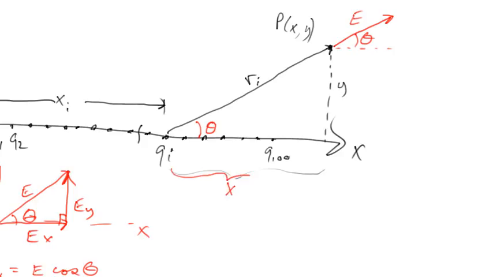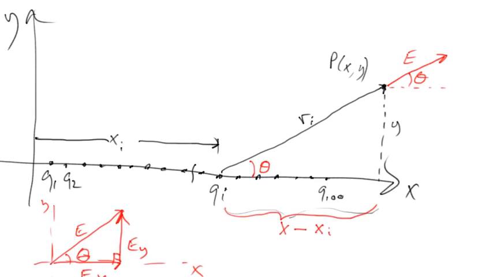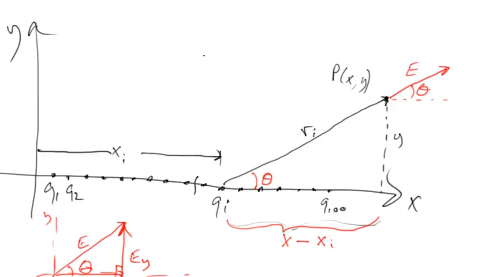This distance is how far over point P is. So this distance right here is x minus x sub I, which here's x sub I over to the charged particle, and then the horizontal component of the position vector of point P with respect to the charged particle is this distance right here.